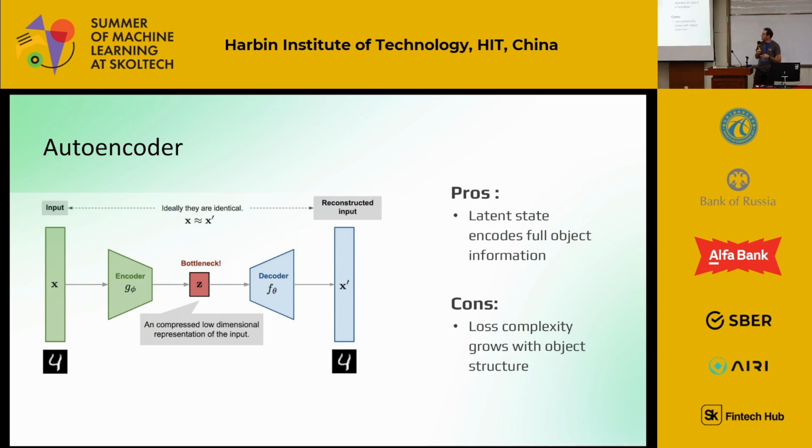The problem for sequences is the reconstruction loss. Our loss function should provide an error of reconstruction of the whole sequence. It means it should be the same count of events, the same order, and the same fields inside each event.